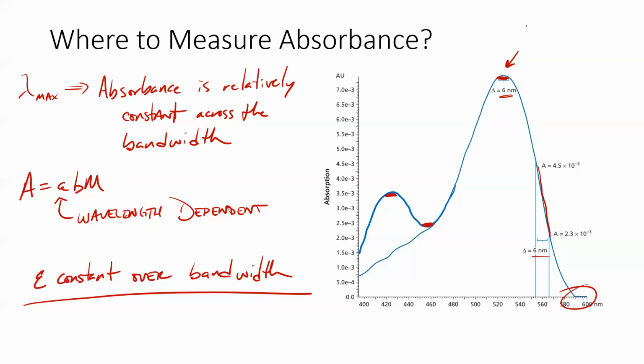So let's draw a little Beer's law plot of what we might expect here, right? At this point, we might expect to see something like this. For a small change in concentration, we're going to see a relatively big change in absorbance. But if we were to measure somewhere here, we'd see a much more gradual change because our epsilon is smaller. Therefore, remember that's the slope of our Beer-Lambert curve.